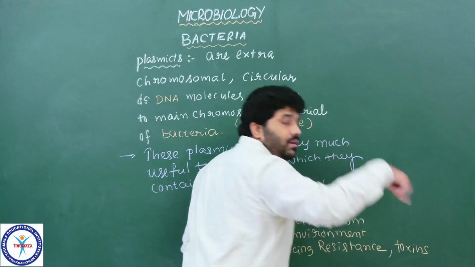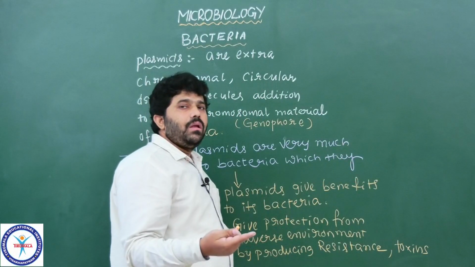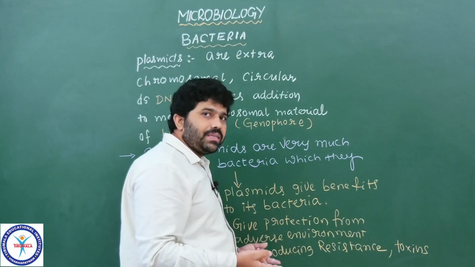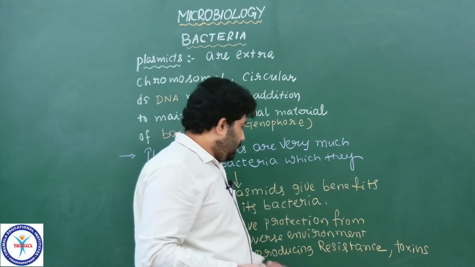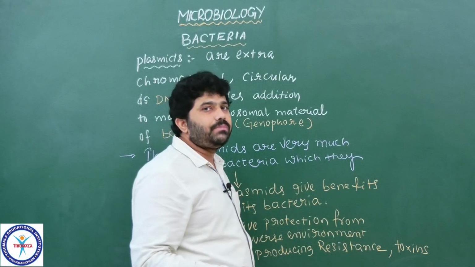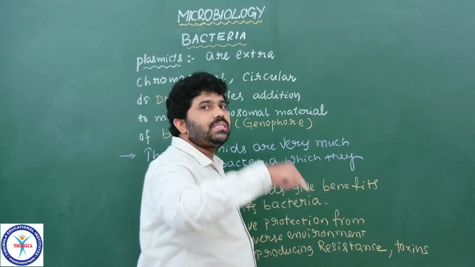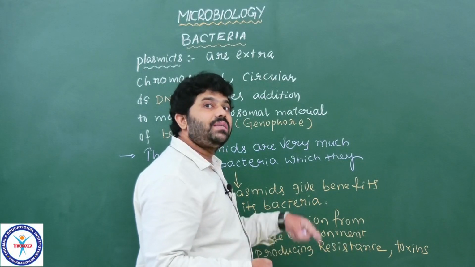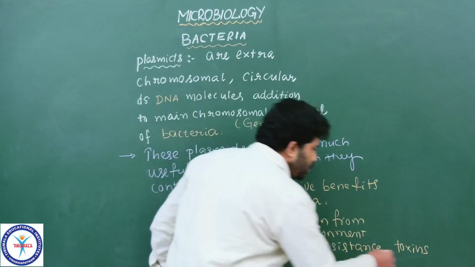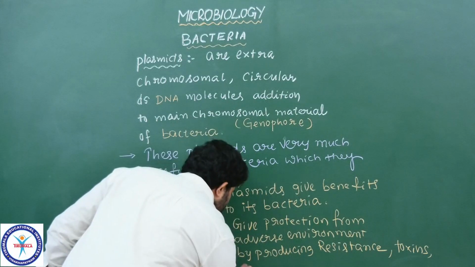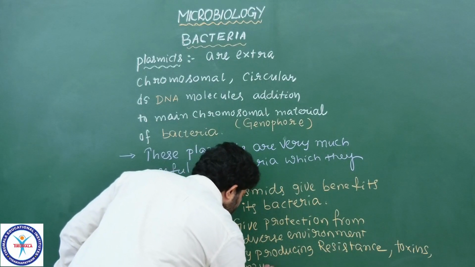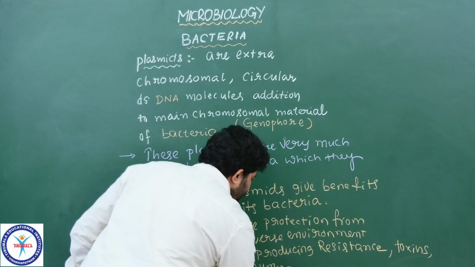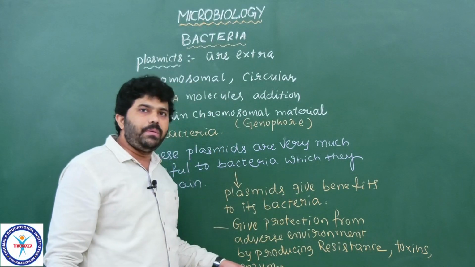Whenever another bacteria is ready to kill this bacteria, the plasmids release some toxins. These toxins kill the others. Then it is a benefit to the survival of the bacteria which contain plasmids. Got the point? So toxins are released, and enzymes are also produced. These are very, very important benefits.